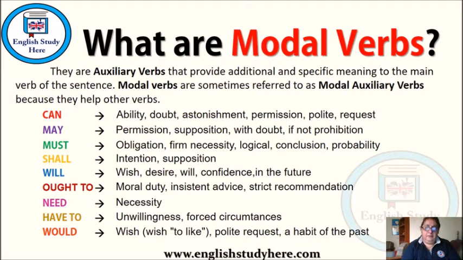Will: wish, desire, confidence in the future. Ought to: moral duty, insistent advice, a strict recommendation. Need: necessity. Have to: unwillingness, forced circumstances. Would: wish, wish to like, polite request, a habit of the past.